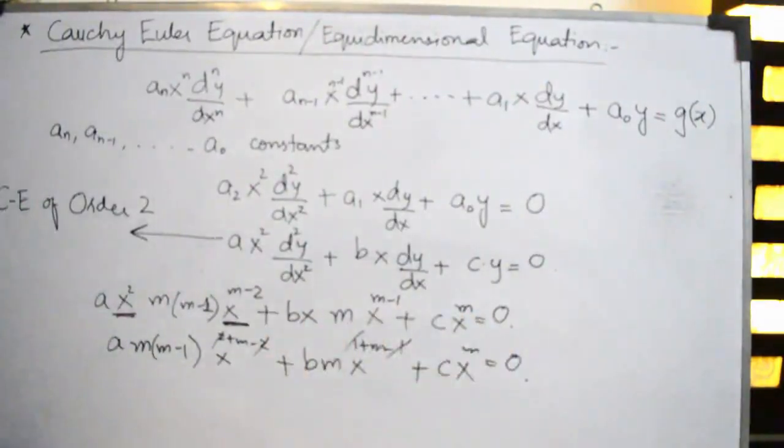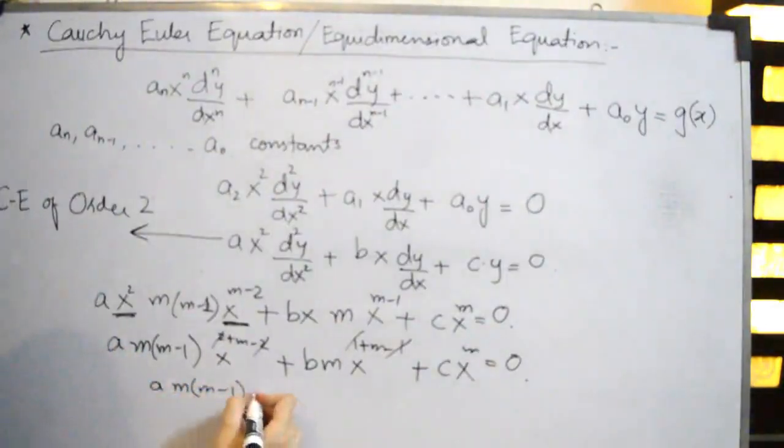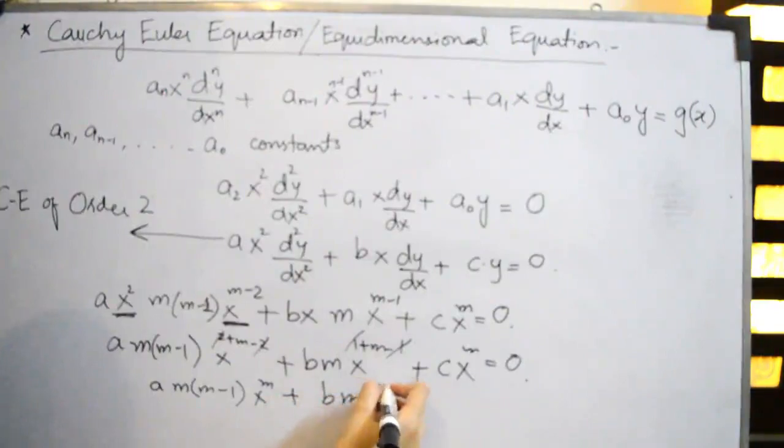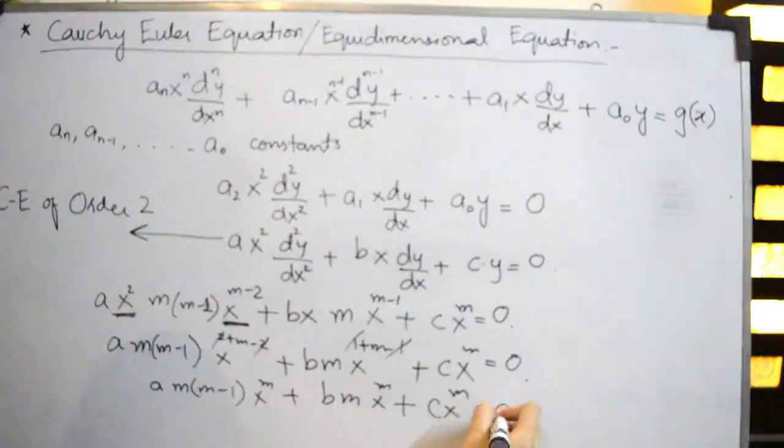Now the equation is reduced to a m(m-1) x^m + b m x^m + c x^m = 0.